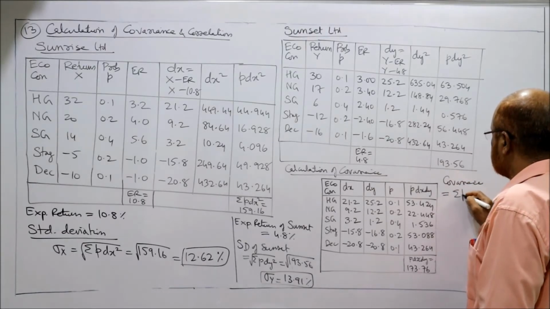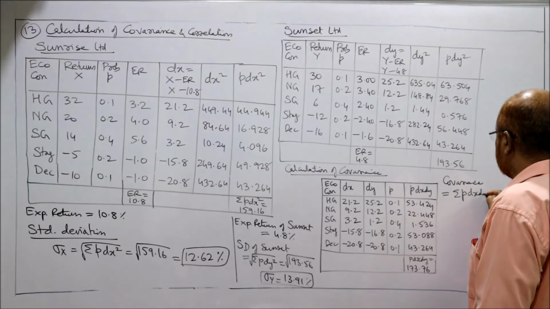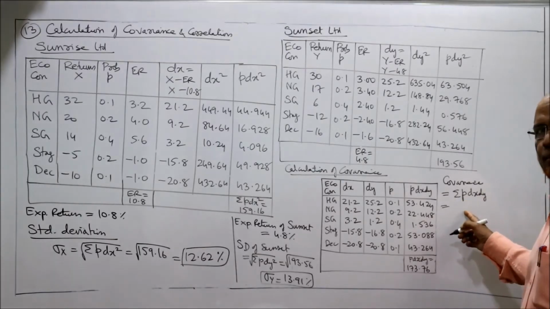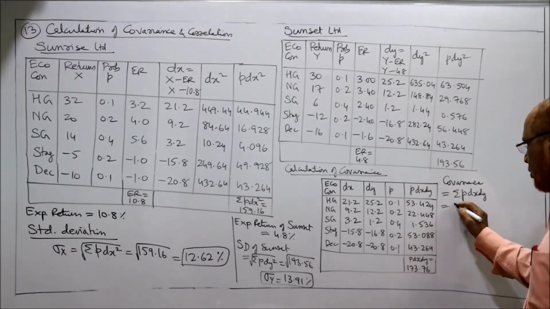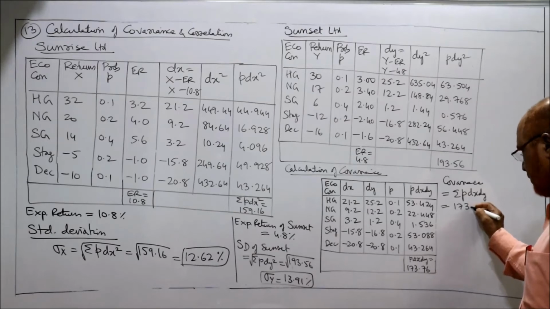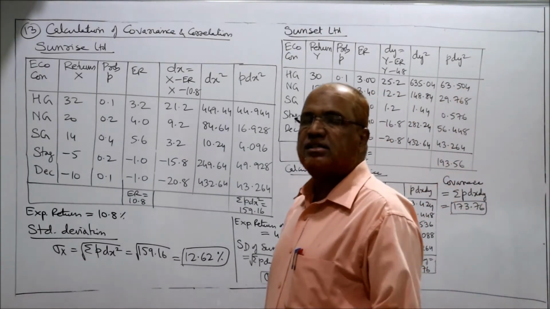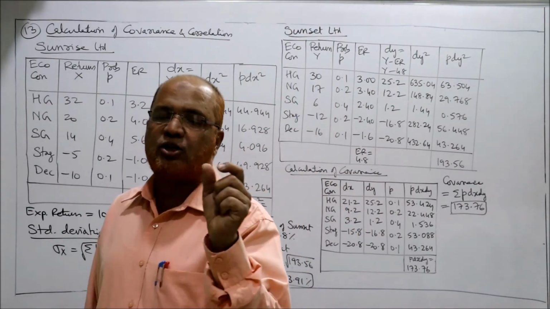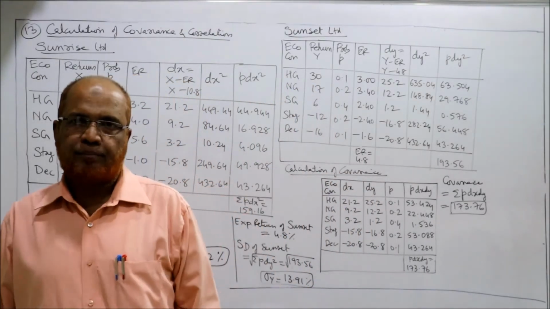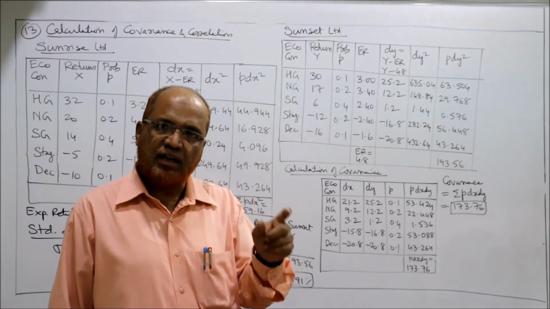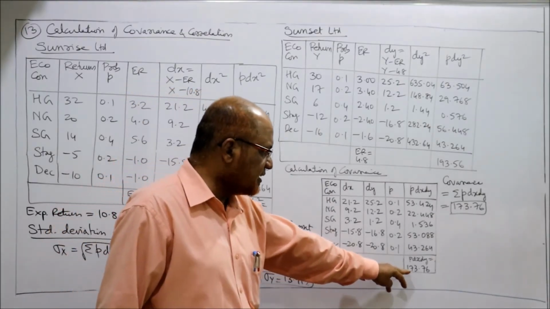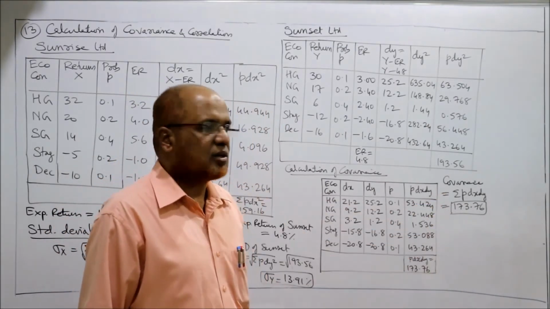Covariance is equal to summation p into dx into dy. Whatever is the total of summation p dx dy is the covariance. The total 173.76. That is the covariance.